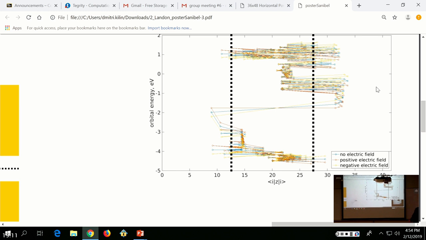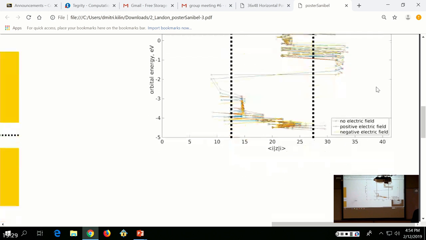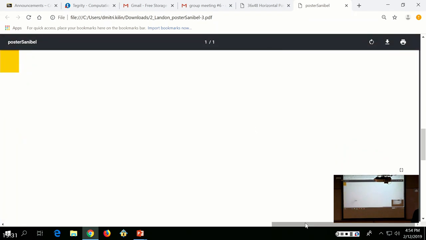I mean, it shouldn't change anything in a significant enough way to alter how strongly the electronic states are coupled, because you still just have nuclei moving around, I guess. I don't know.